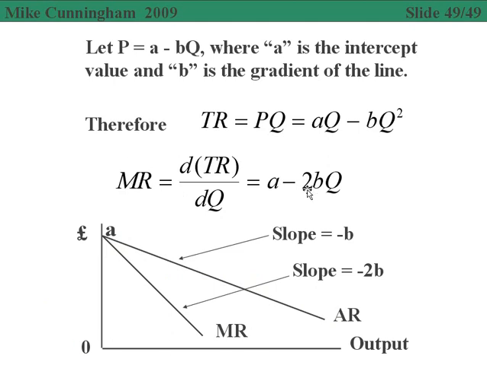The slope of the marginal revenue curve is minus 2B. The slope of the average revenue is minus B. So this one's minus B, this one's minus 2B.